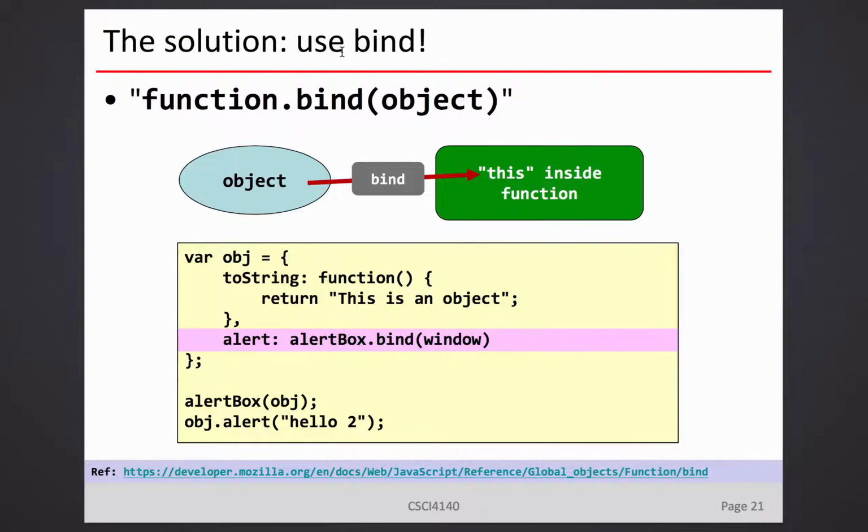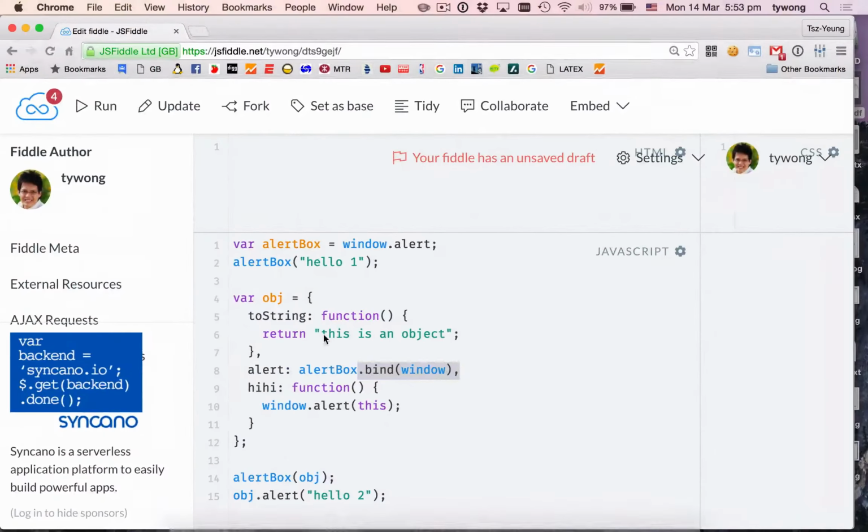So that means the alert box here is actually equal to window.alert, this whole method. Please fix the this so that the this always equals window no matter where you call it.